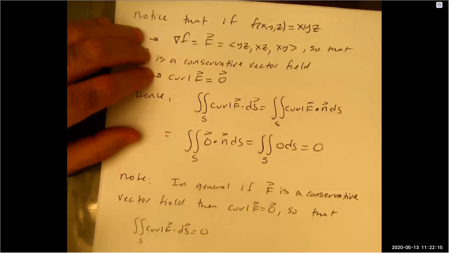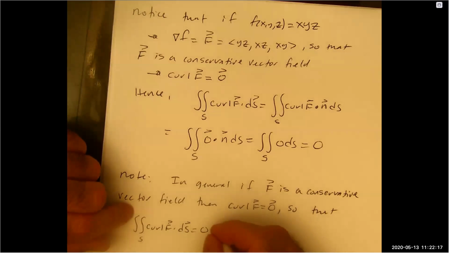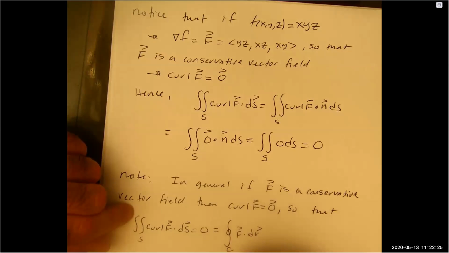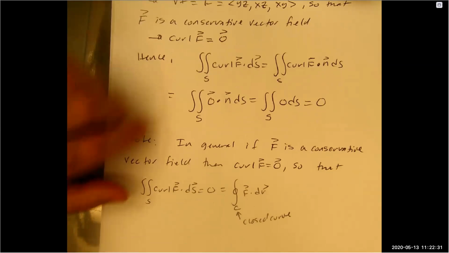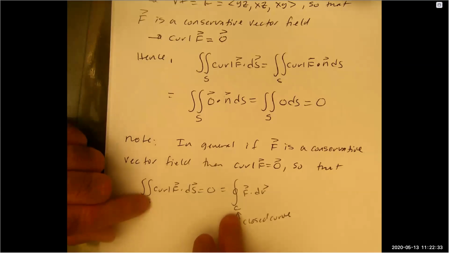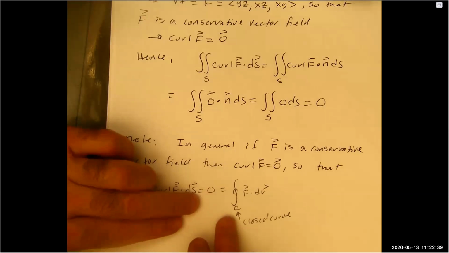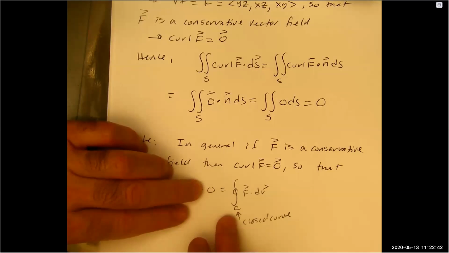And so the line integral is equal to this, where this is a closed curve with some other conditions as well. We already knew that from before, that whenever you have a conservative vector field, the integral around any closed loop is going to be 0.